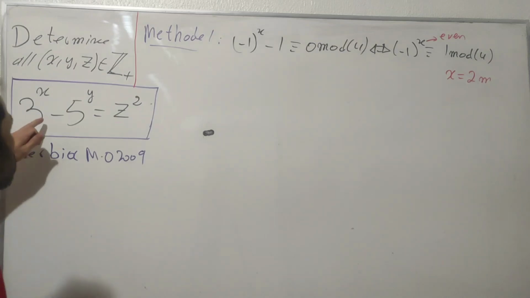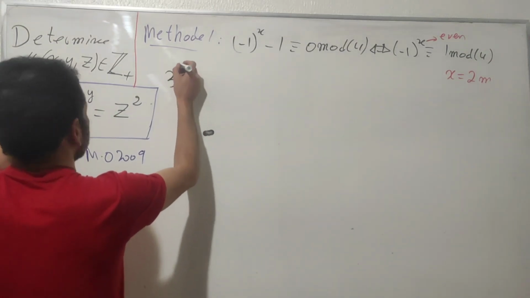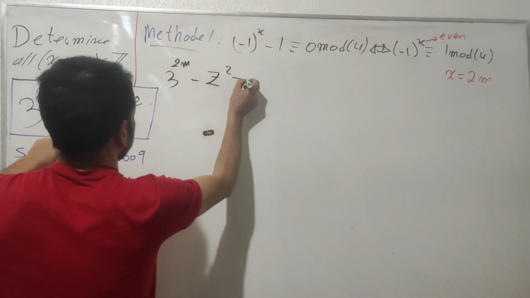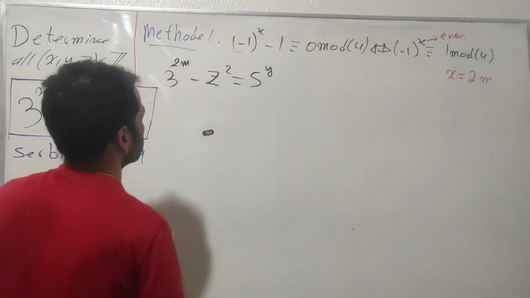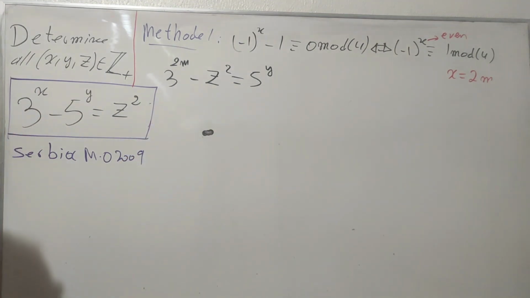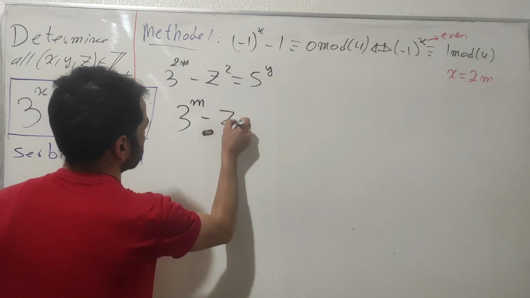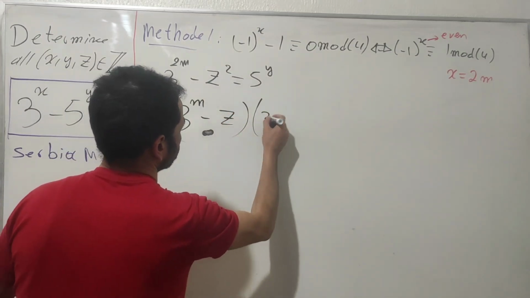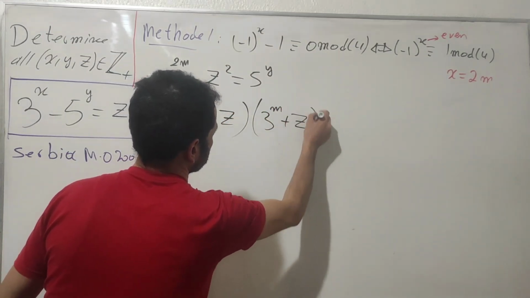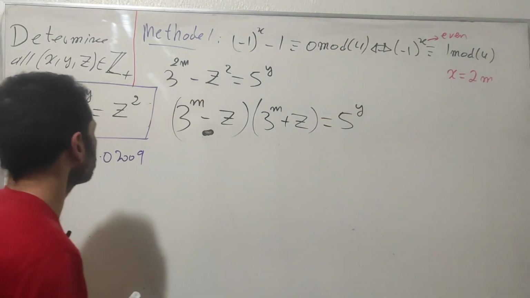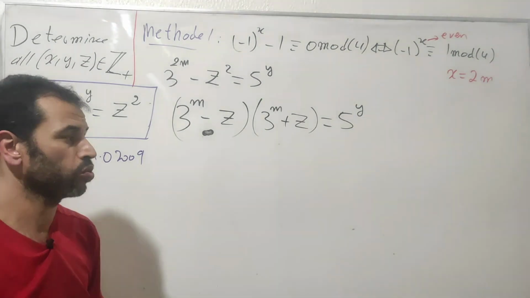So I get 3 to the 2m minus z squared, which equals 5 to the y. So I'm going to factor it in the form of a product. I get (3 to the m minus z) times (3 to the m plus z), which equals 5 to the y. Each term of this product is going to be a power of 5.